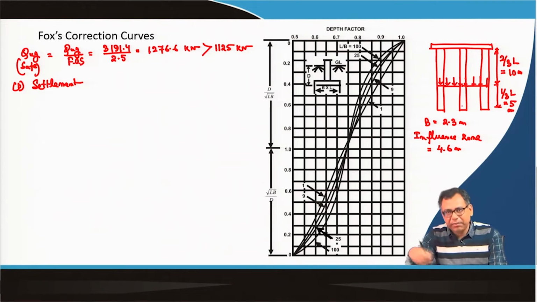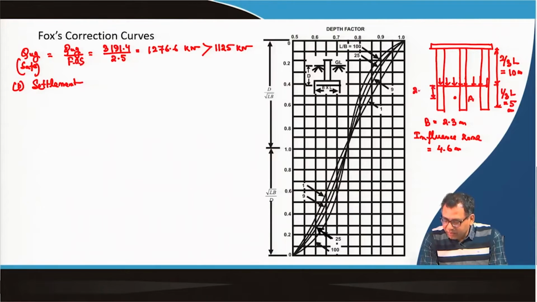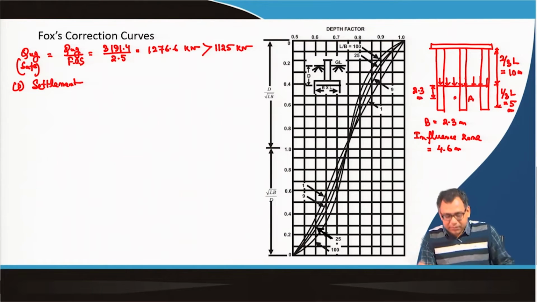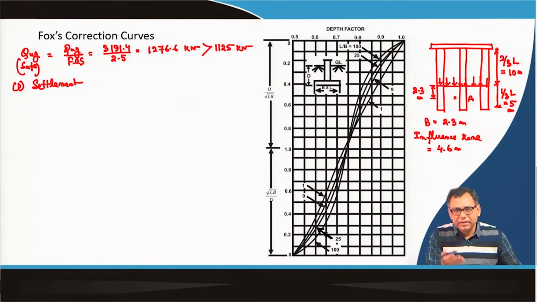So, that is within the pile group itself for this particular case. So, we will take a point for our settlement calculation, A, which will be half of that 4.6, that means 2.3 from the base of the raft, because it is similar to the shallow foundation design or raft design.